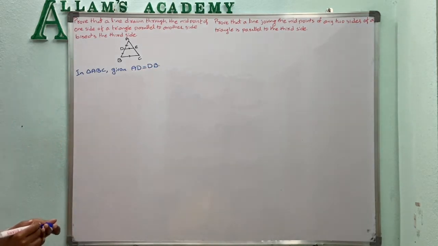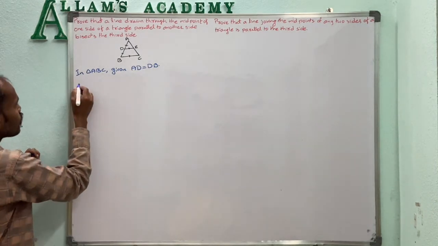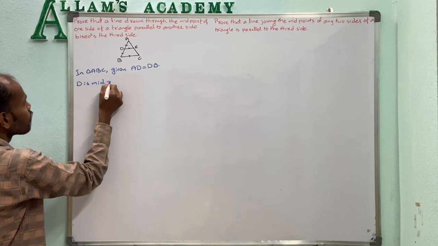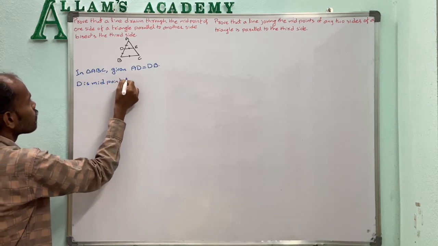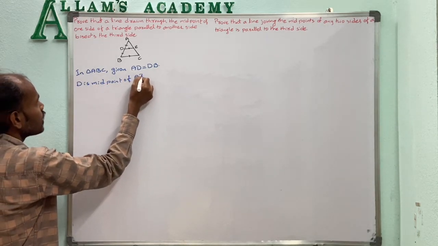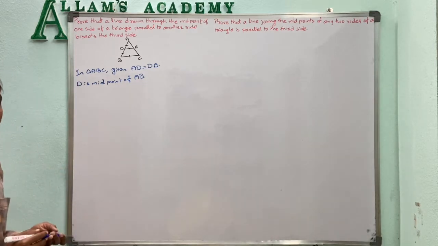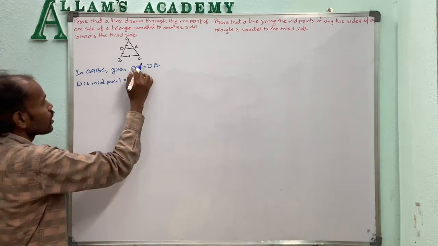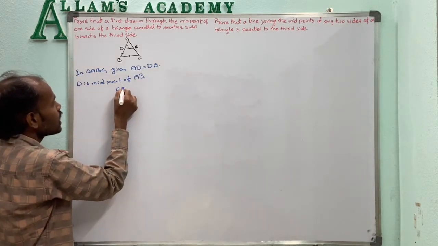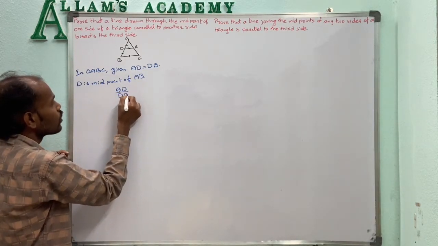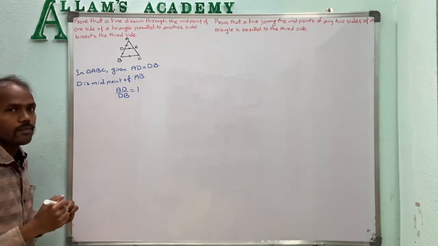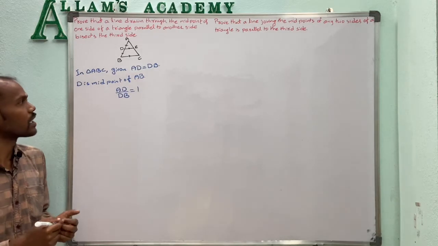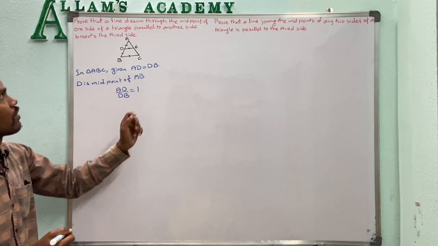So D is the midpoint of side AB. That means now we can write AD by DB equal to 1.